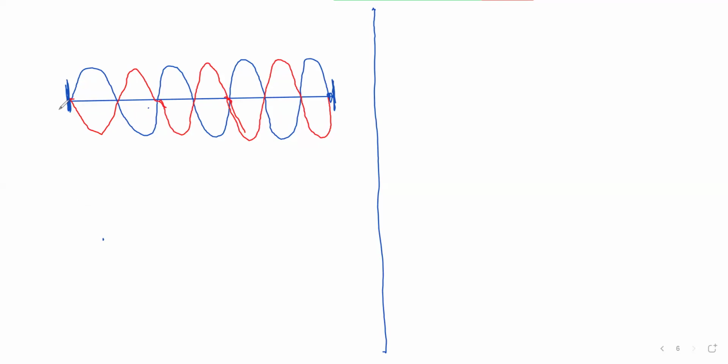So we have points where particles of the medium are at rest.